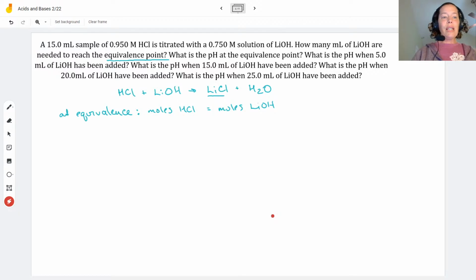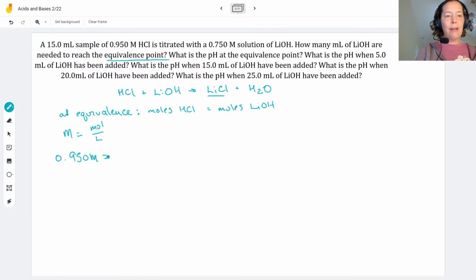So the first thing that I want to know is how much hydrochloric acid I actually have in my sample that is to be titrated. Of course, this is given to me as a concentration with a volume, so I'm going back to molarity equals moles over liters. I have my concentration, 0.950 molarity.